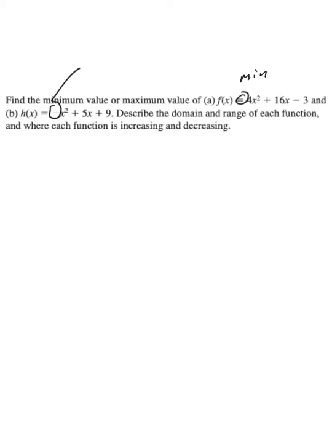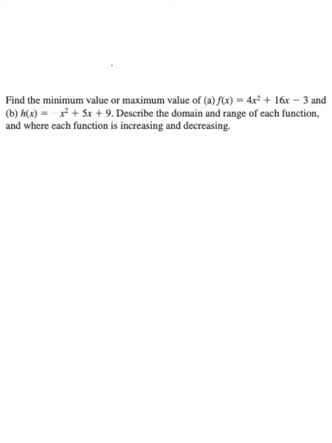If it's a negative value, it's an upside down parabola, then we have a maximum. So negative values in front of the stretch or shrink are what determine whether it's going to be a maximum or a minimum. Let me erase these values here. Let's go back to the other page.